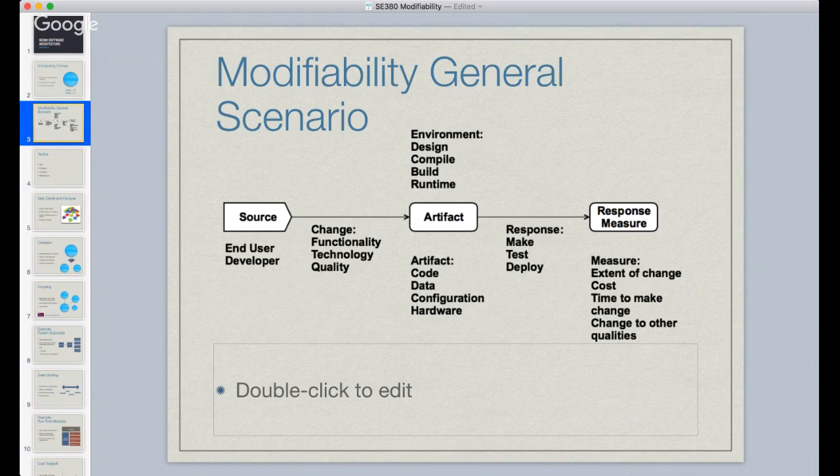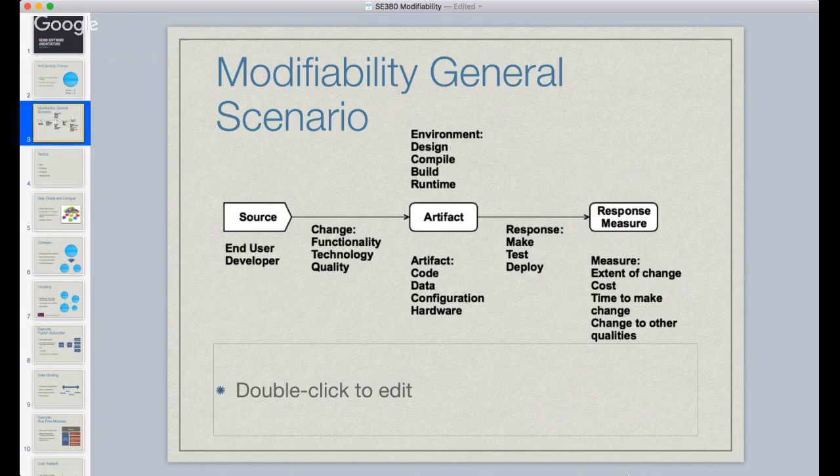Now, in the end, we're going to be able to measure that and understand how expensive it was to make that change. In other words, how long did it take, and therefore the cost, because there's always a cost associated with labor. But it might also be the extent of the change. If I make this one change in this module, how many other modules were affected as well?